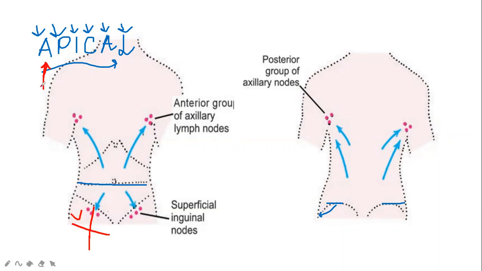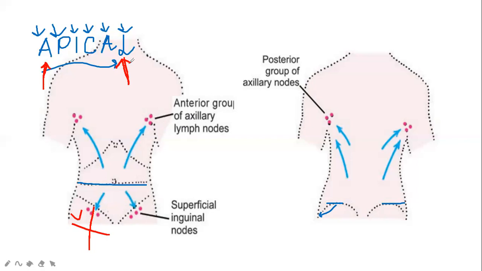Then the posterior group, we talked of where it will actually drain. Some books will say it will also drain some parts of the breast, but anyway, let's stick to the anterior. And then the infraclavicular and the central, we'll talk about them. The lateral group, where does it get its lymph? From the medial aspect of the arm and forearm, via which lymph nodes?